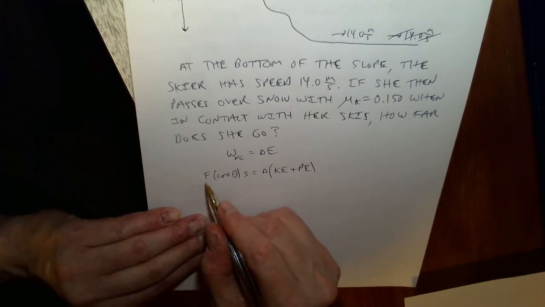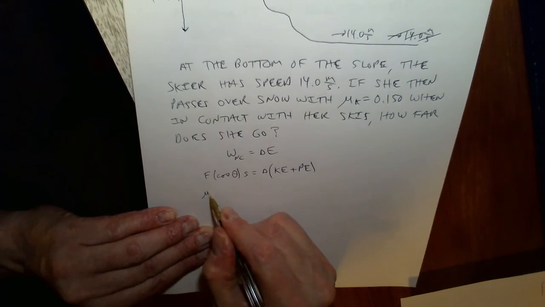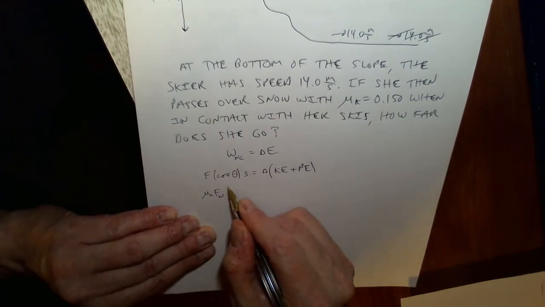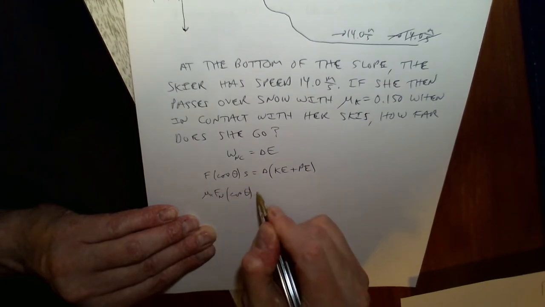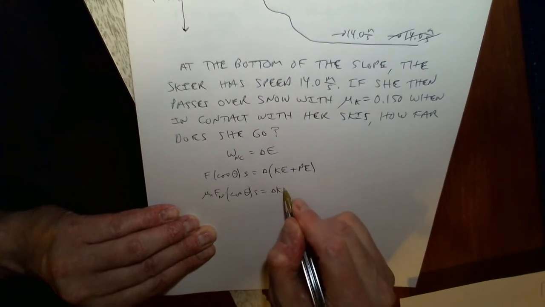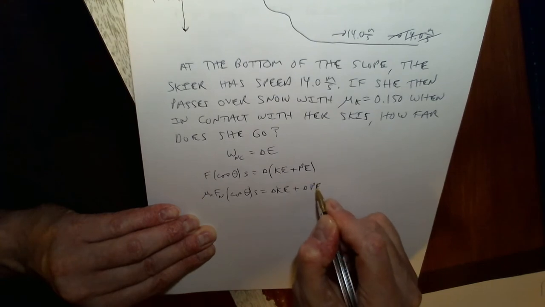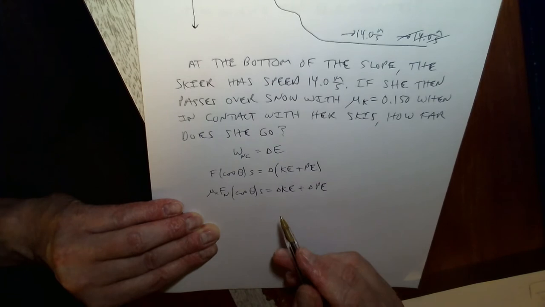The force here is the kinetic friction, right? Which is mu k times the normal force. I'll leave it as cosine theta for now, times S, is equal to change in kinetic plus change in potential. Because if you find the change in the sum of two things, it's the sum of the changes in the individual things.